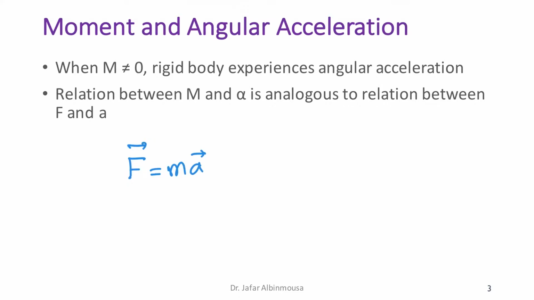And on the other hand, if the body was under an applied moment, we can write that the moment is equal to I alpha. And if you see here, we have a force, here we have a moment, here we have a mass, and here we have the moment of inertia, here we have the acceleration, and here we have the angular acceleration.